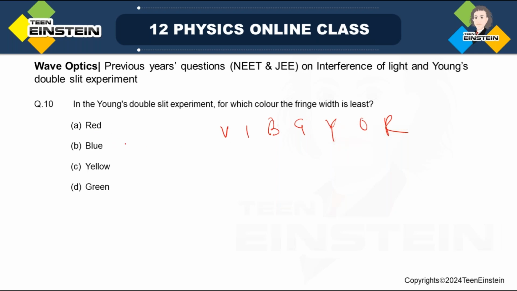So what are the things you have? Red, blue, yellow, green. So blue actually will have, blue, green, then yellow, then red. So blue is having the least wavelength.